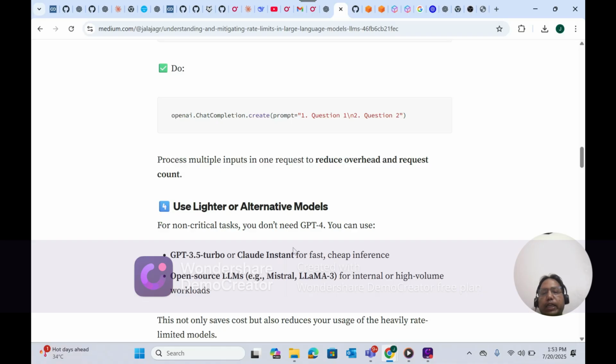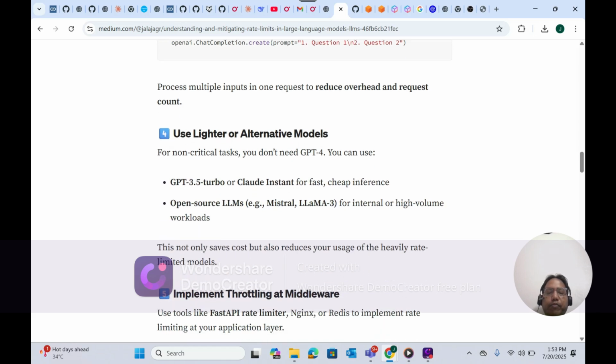Whenever the rate limit starts, we can move all the requests to a second model. But there is one risk: the second model might not give results as accurate as our primary model, so we have to take care of that also.